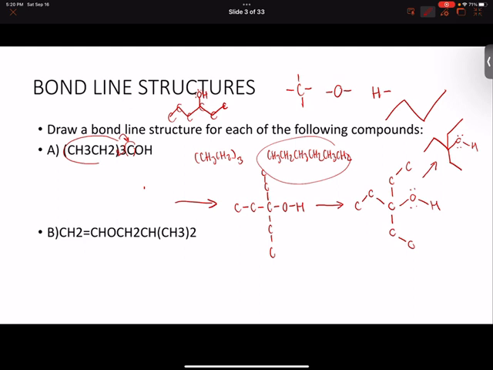Okay, so we can get started with the beginning here. We have CH2, right? So we have C, H, H, and then we have a double bond. This carbon already has its 4 bonds, so we're good to go for this one. Then we have C, H, and then an O. So CHO. Okay, perfect.